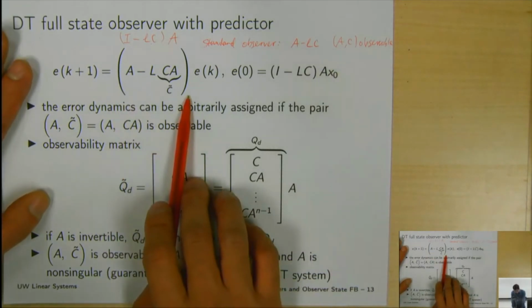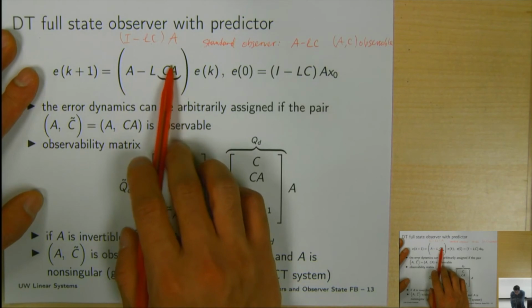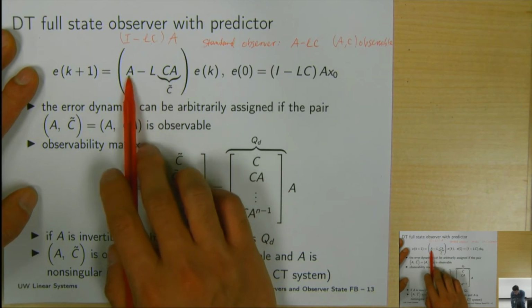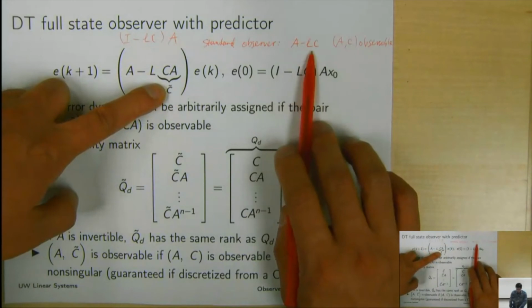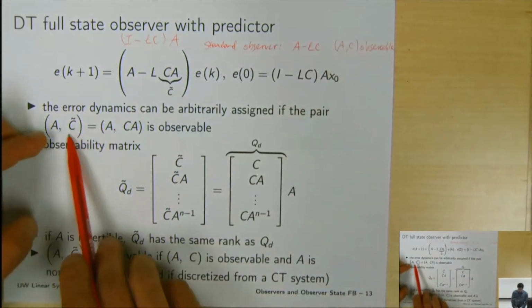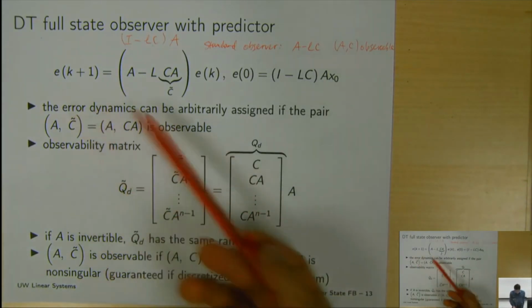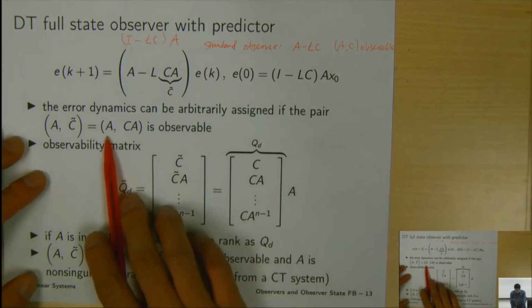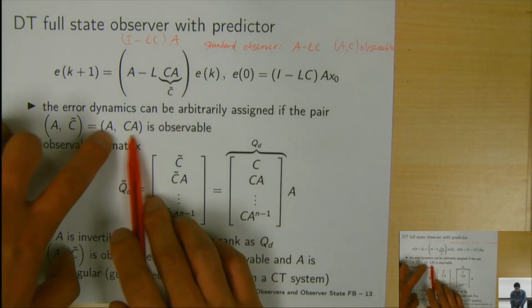For this case, if I define this CA as a new C tilde, then this is in the same structure, A minus L C tilde. So if this pair A, C tilde is observable, then we can do arbitrary eigenvalue assignment for the error dynamics. This is essentially also saying that A, CA is observable, because of the definition of C tilde.